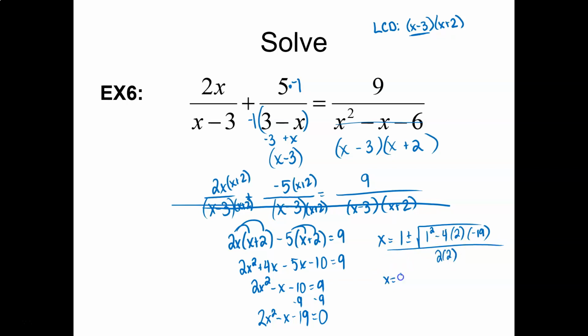So we're going to get 1 plus or minus, let's see, 1 minus... 153 all over 4. Let's see, 153, does anything go into it? I don't think so. Oh, yeah, it does. 9 and 17.